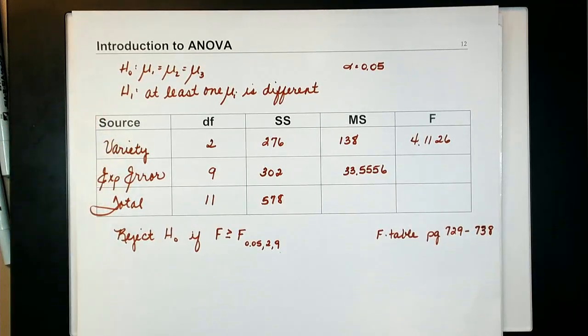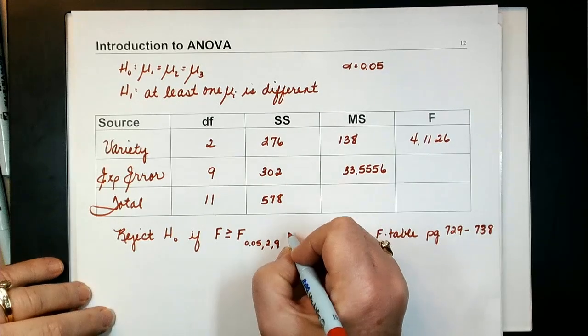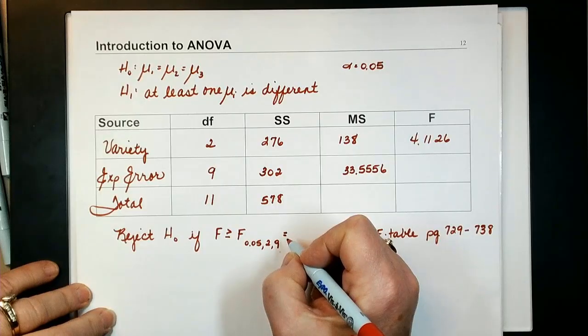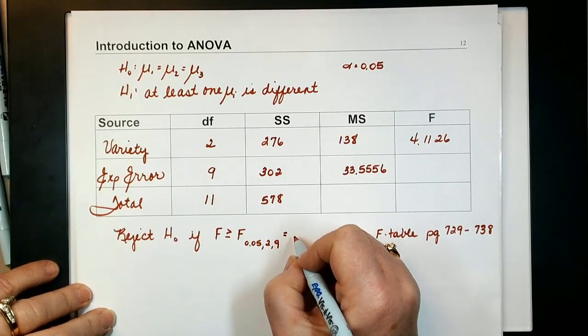All right, go to the page for .05. The column headers are the numerator degrees of freedom. The row headers are denominator degrees of freedom. So on the .05 page, go to column 2 and the row for 9 degrees of freedom and read your critical value, and it is 4.26.